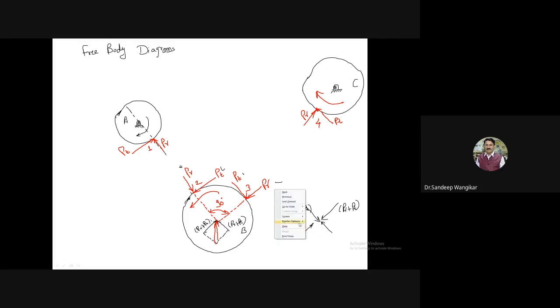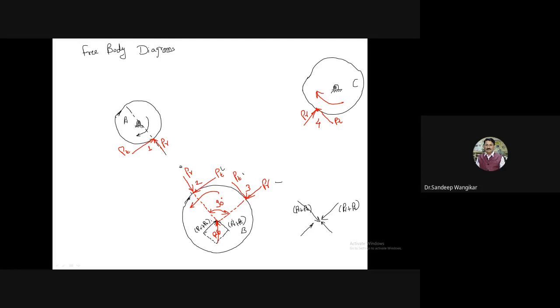We have to calculate the reaction at this particular point. I will call this point reaction RB. So RB is nothing but the square root of (PT plus PR) square plus (PT plus PR) square.